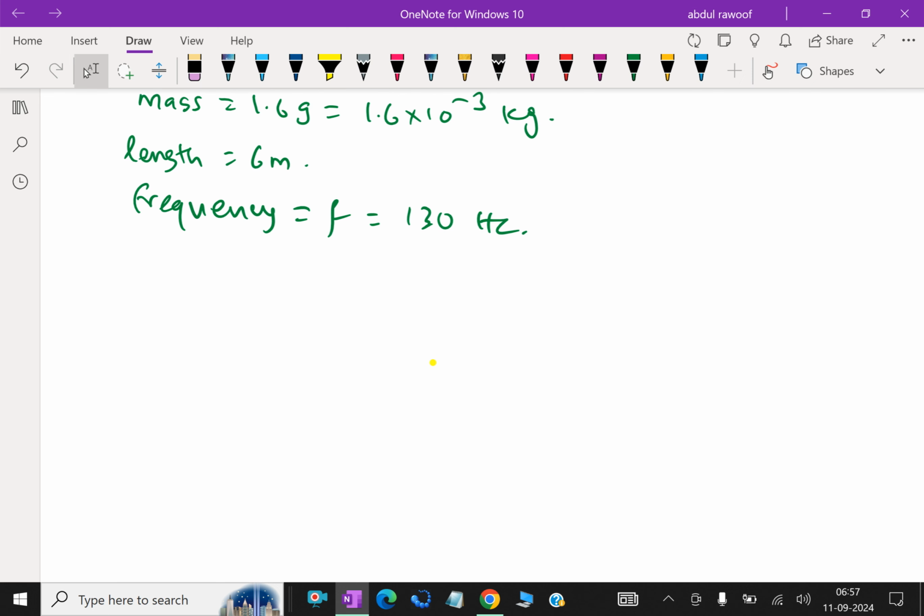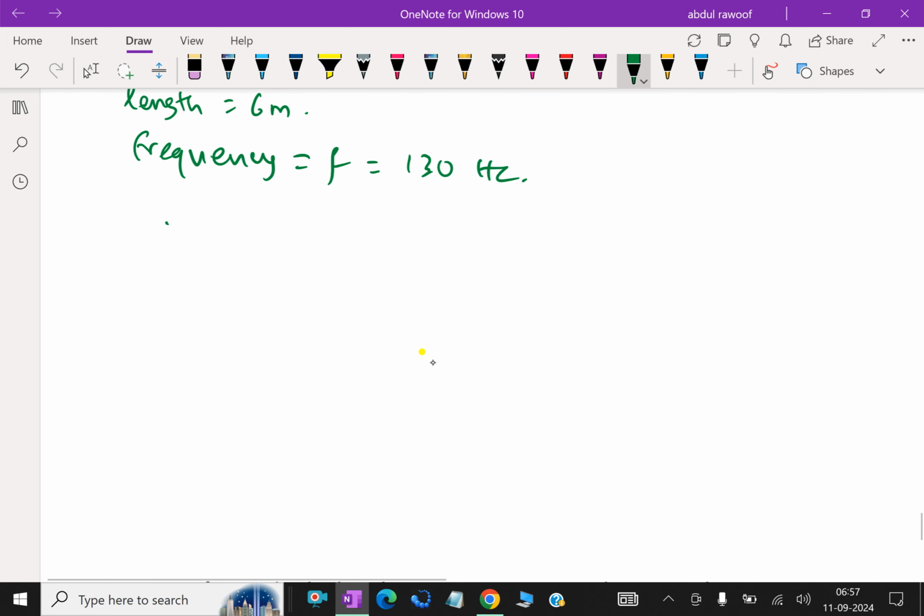Now let us start the problem. We know that velocity v equals lambda f.